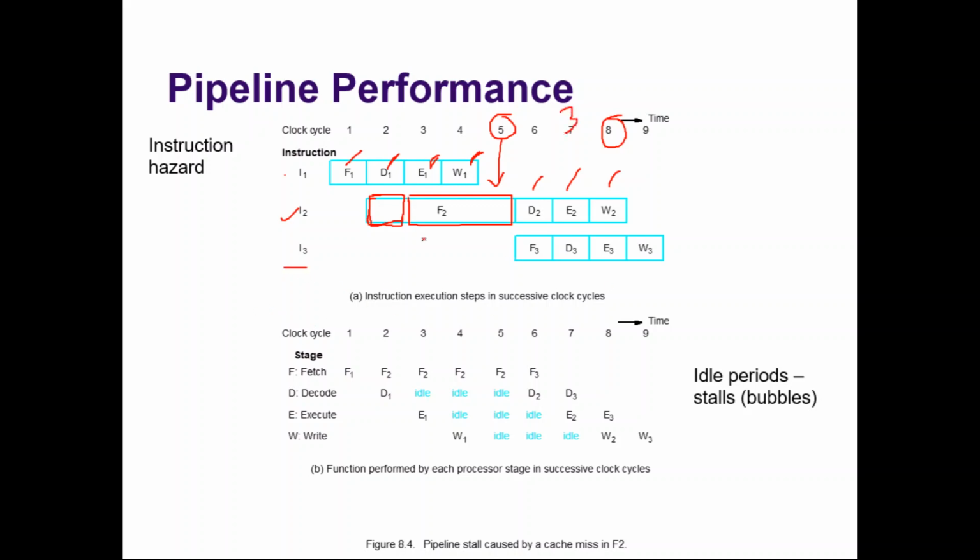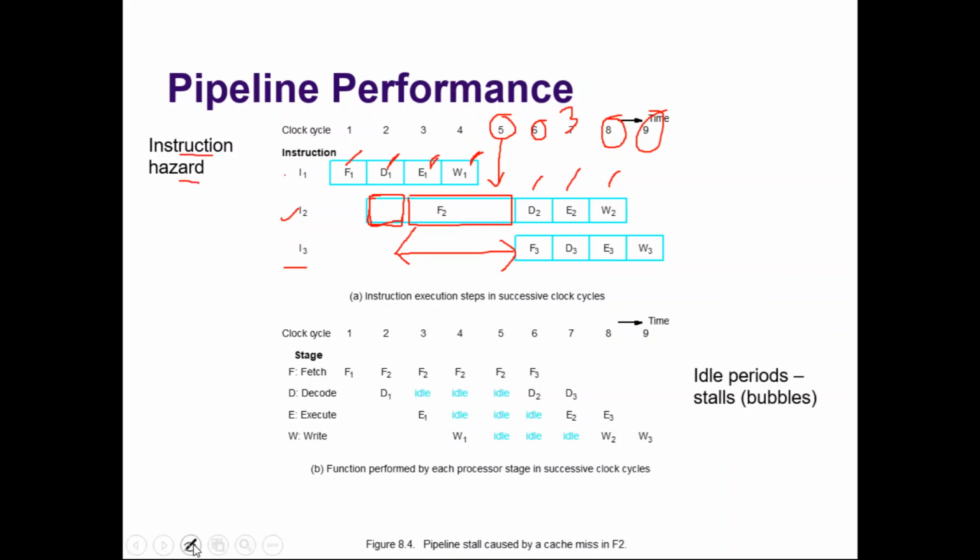Instruction 3, which is supposed to complete at the 6th clock cycle, is now completing at the 9th clock cycle. So a stall is created for instruction 3, 4 and everywhere. This stall is created because of the non-availability of the instruction. So this is called instruction hazard.